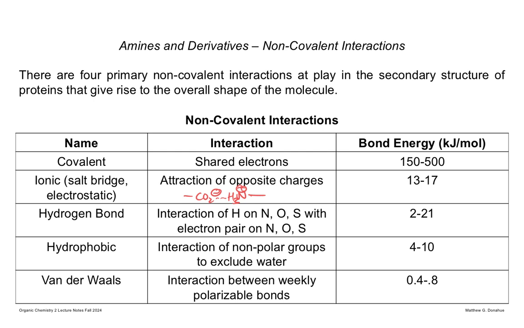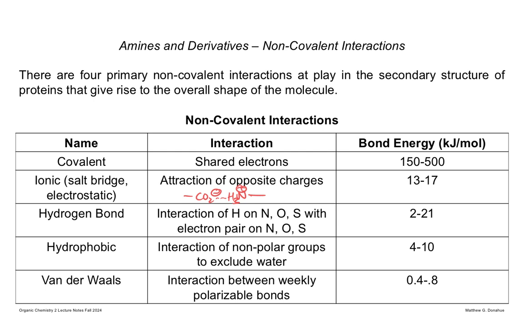A hydrogen bond, we've seen that throughout organic 1 and 2. Hydrophobic interactions, excluding water. Van der Waals interaction, that's these temporary, fleeting interactions that exist between polarized bonds. So just temporarily induced, like Coulombic interactions.